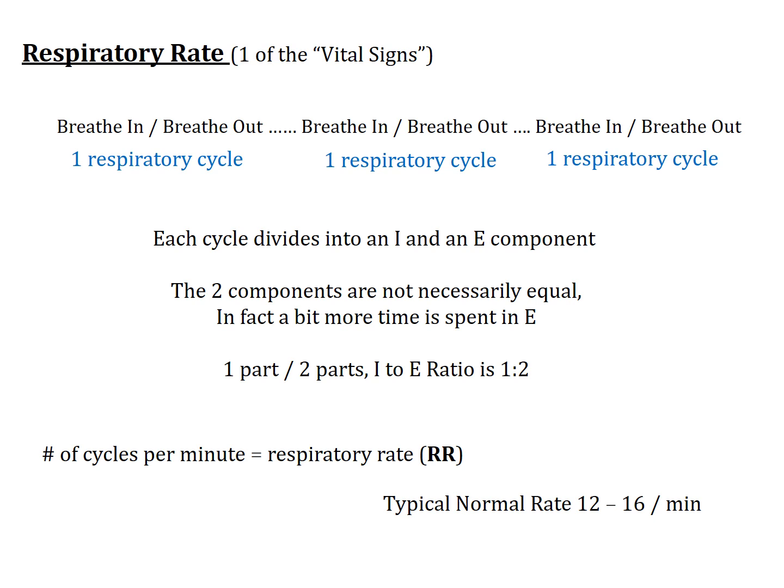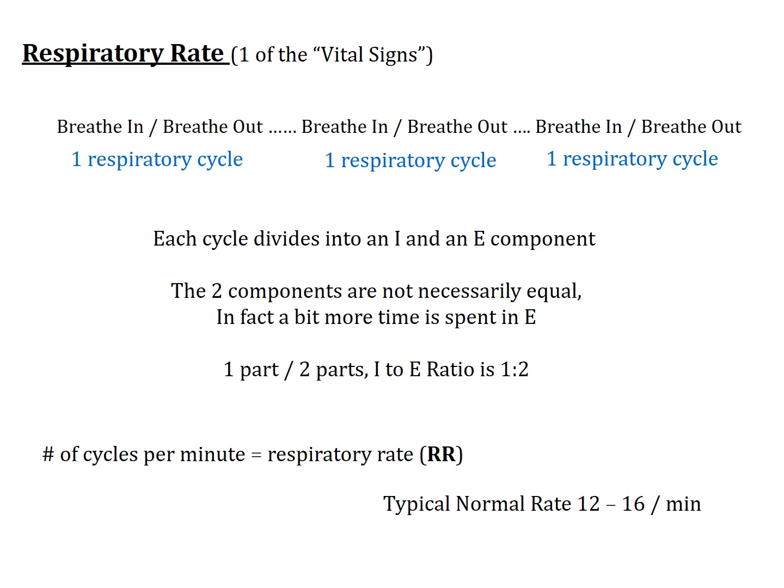Why is that important? When you're resuscitating somebody, whether you're doing mouth-to-mouth, bag respiration, or placing them on a ventilator, you want to be sure that you provide time to empty the lungs, to breathe out, right? Don't just bag the hell out of somebody where you just keep pushing air in.